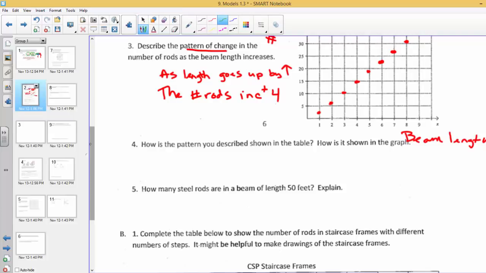How is the pattern in the table described and how is it shown in the graph? So in the table, in the y, you just add 4 each time. And in the graph, every time you go over 1 in the x, you go up 4 in the y. Over 1 space, up 4. Over 1, up 4.